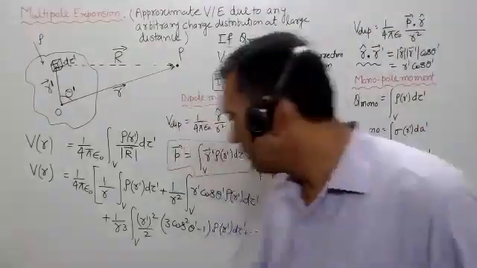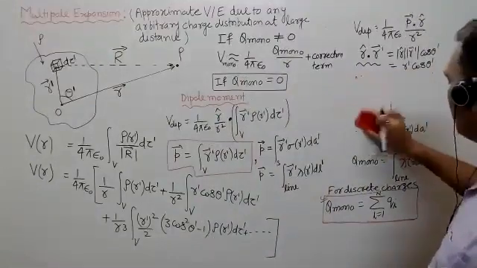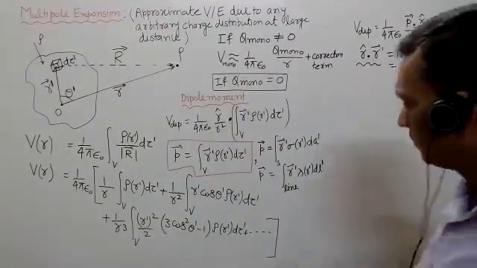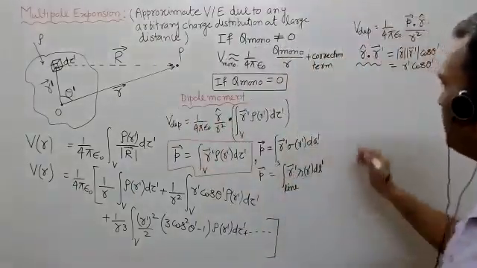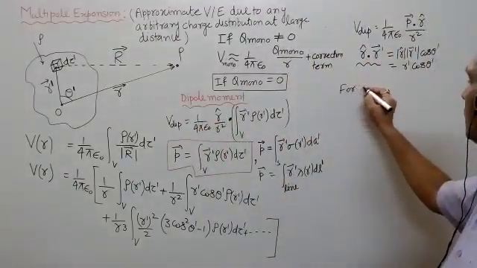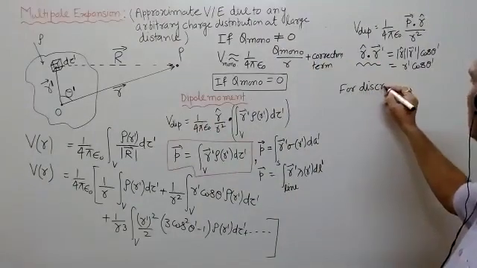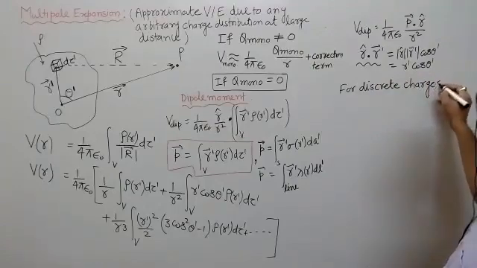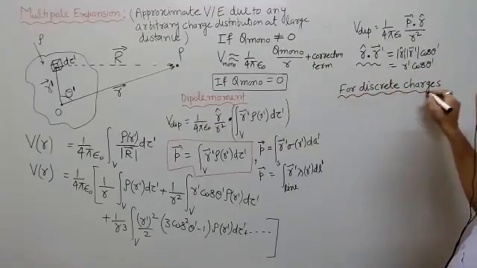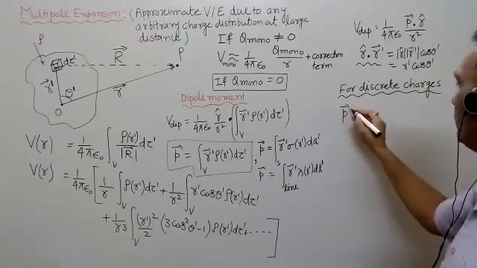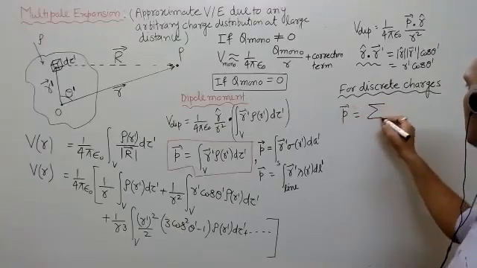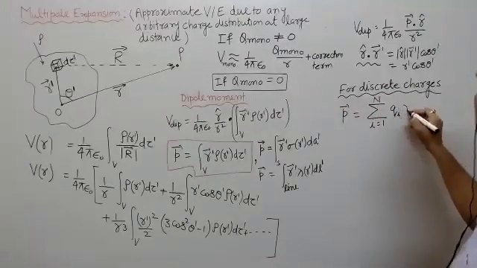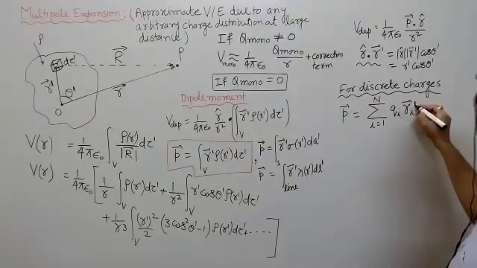And for discrete charges, the dipole moment of the charge configuration is given by the summation over i equals 1 to N of Qi Ri dash. This is the dipole moment.